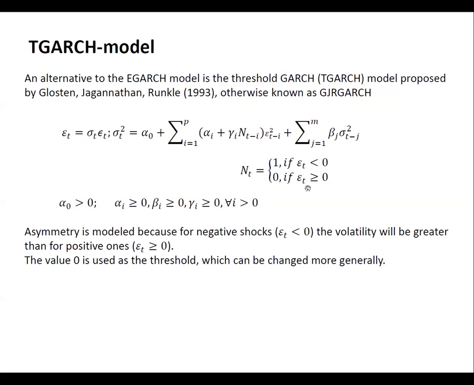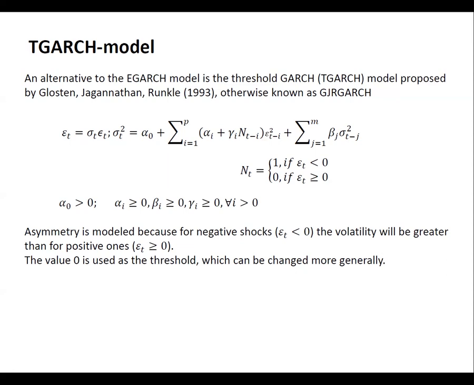That is, if epsilon is below 0, then n equals 1. That is, there is an effect of asymmetry on negative values. And if epsilon is above 0, then n equals 0.